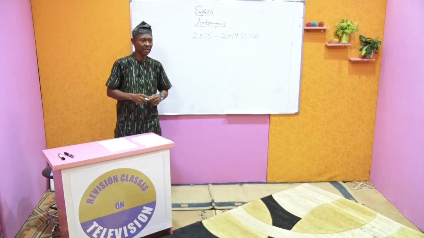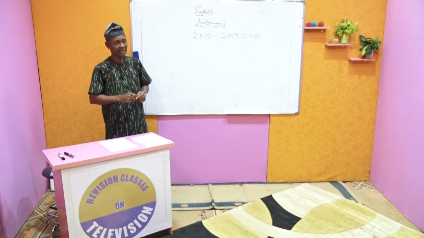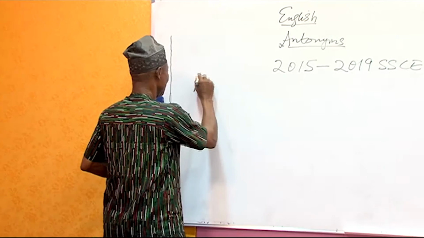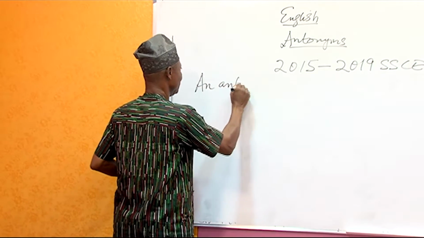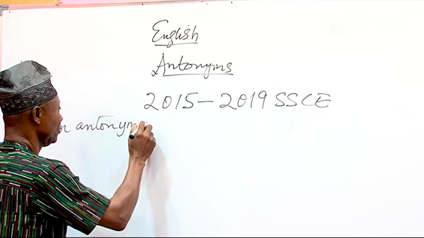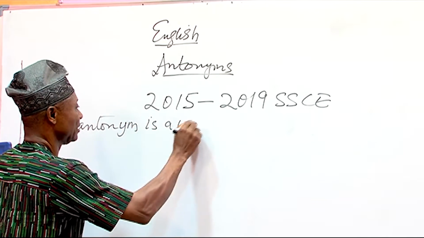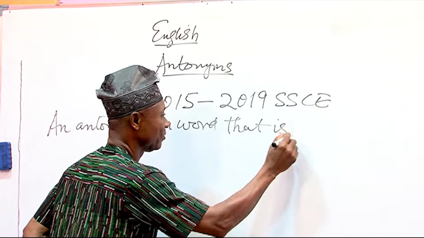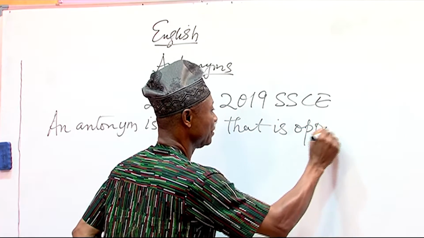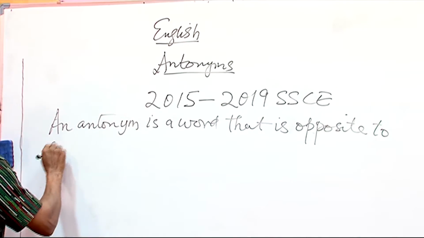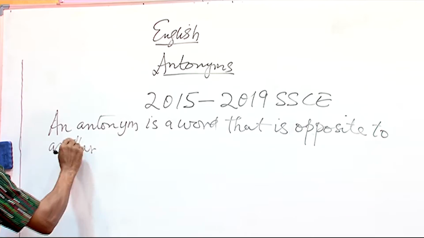What is an antonym? An antonym is a word that is opposite to another word.